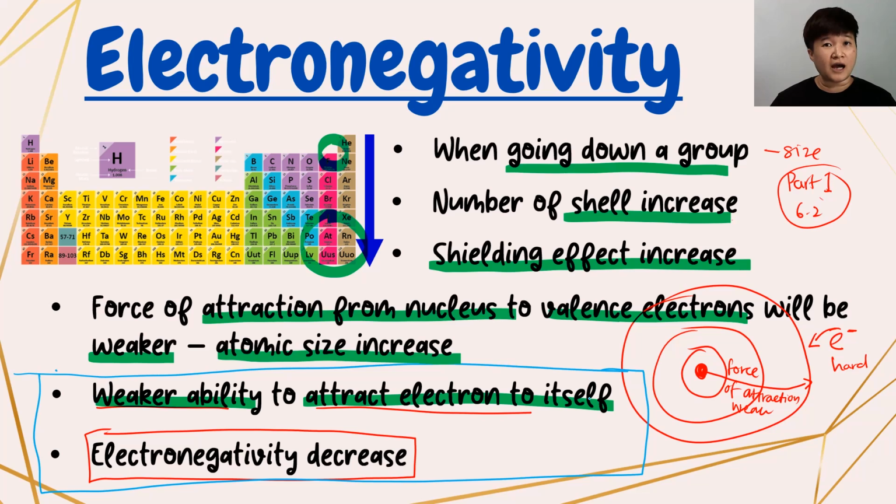If you have a very high ability to attract electrons, electronegativity will be very high. But if you have a very low ability to attract electrons, then the electronegativity will be very low. So it's not really 100% a new thing. It's just something extra on top of what you have learned in your 6.2 part 1 video, about the size that we've been talking about.